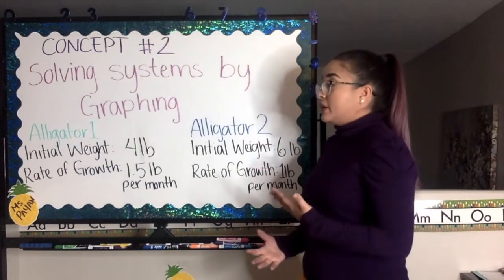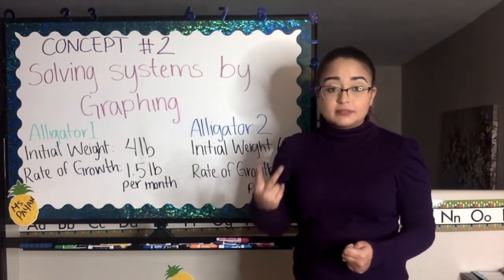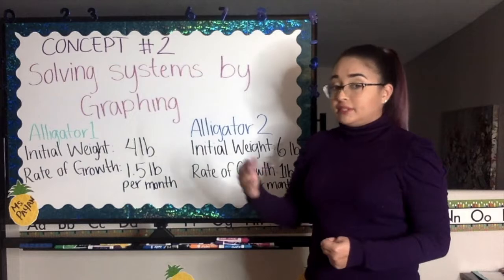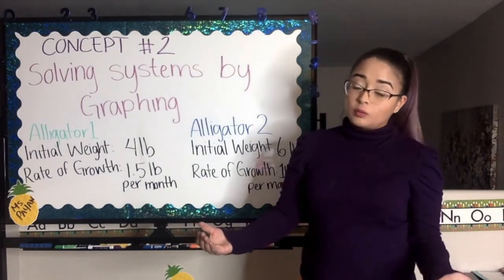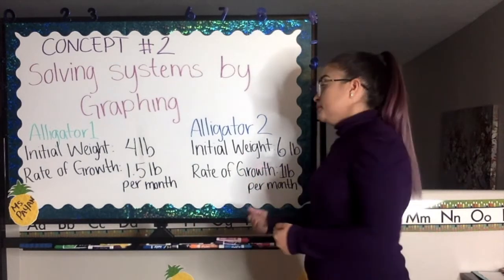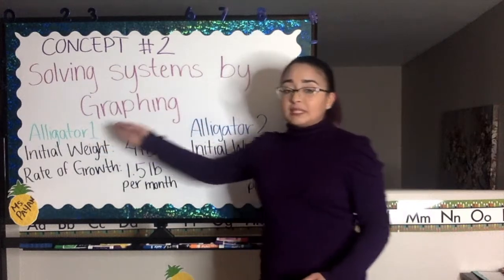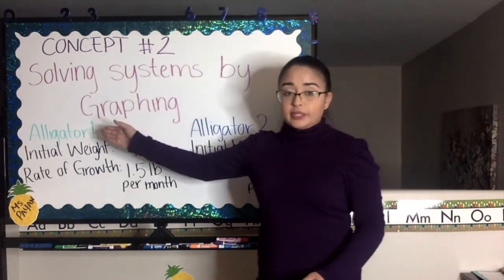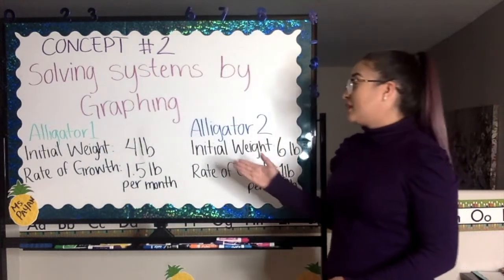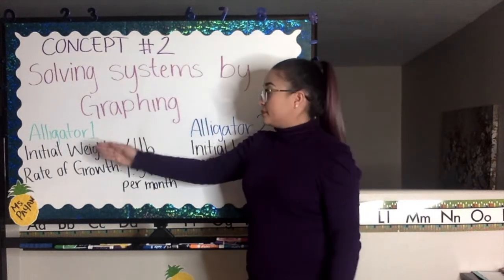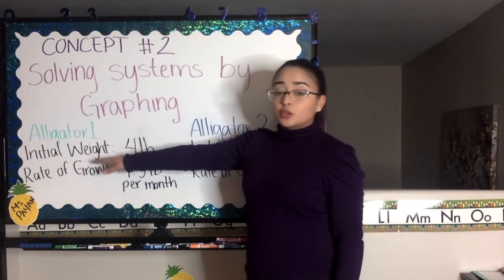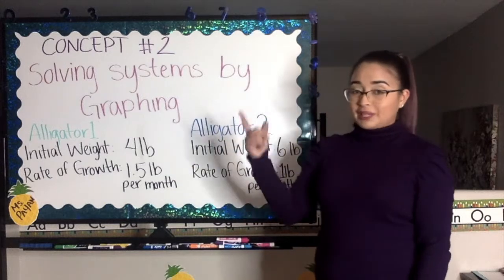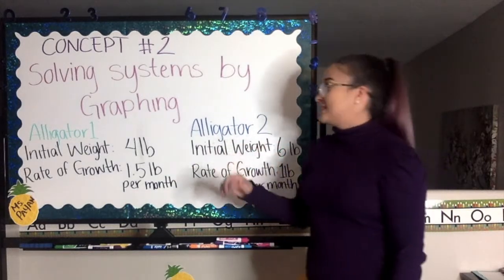Now, what are we doing today? We are comparing two different types of data. We have time and we have weight. Now, we have two specimens, alligator 1 and alligator 2. For alligator 1, we start with an initial weight of 4 pounds. Remember that, or write it down in your notes.